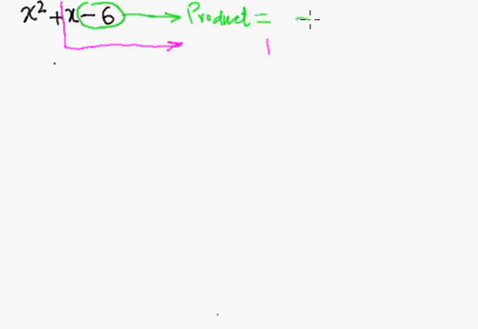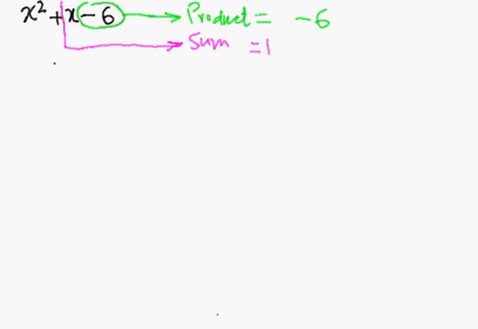The first thing that we note here is that the coefficient of x is 1, and the coefficient here, this is the product, which is equal to -6, and this is the sum here, which equals 1.